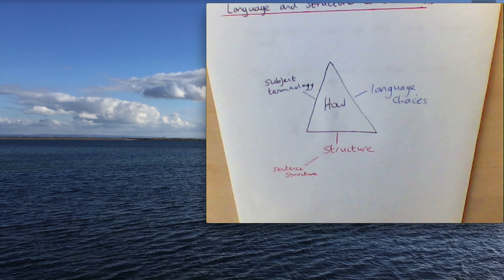Or you might want to talk about long descriptive sentences, like the ones that you may have studied in class if you looked at an extract from Great Expectations, for example, where Dickens adds layer upon layer of detail using the repetition of the word and. That's a structural device, long descriptive sentences to create a mood or an atmosphere.